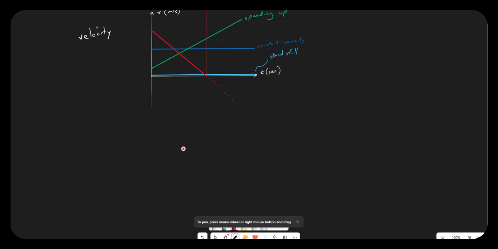I'm going to give you one more, and it's the acceleration graph. The acceleration graph is going to be pretty easy. I'm going to keep time on my horizontal axis, and I'm going to put acceleration on my vertical axis.